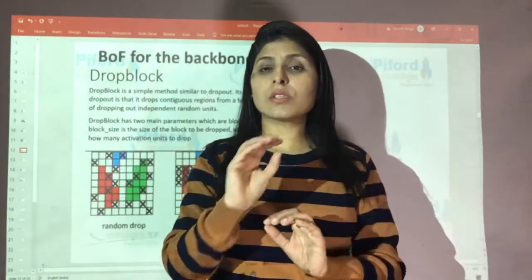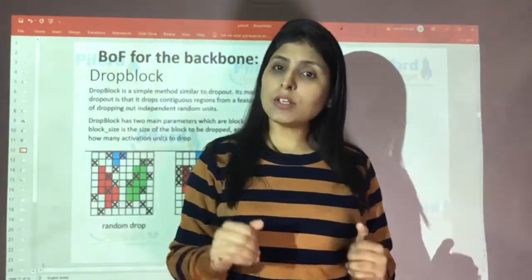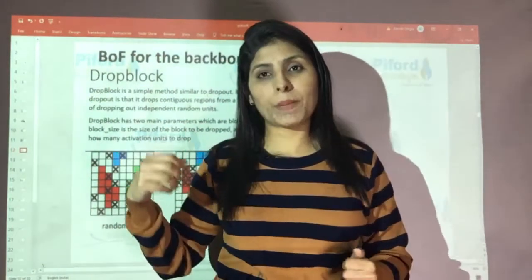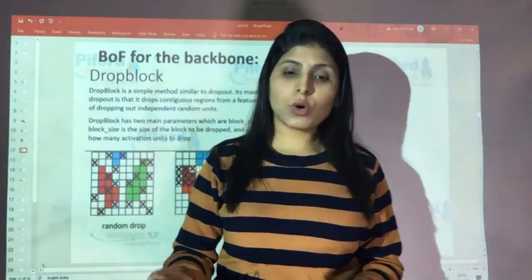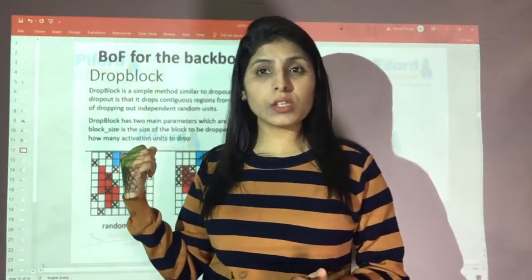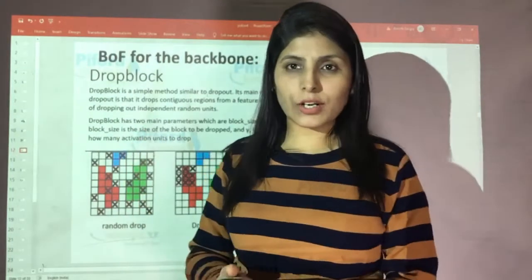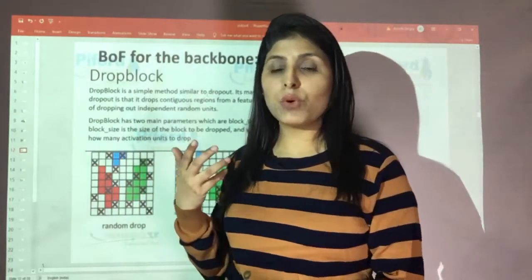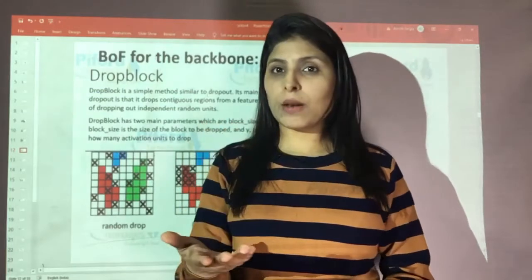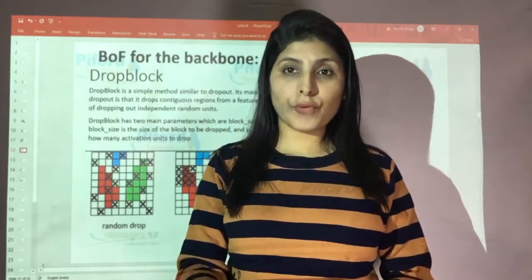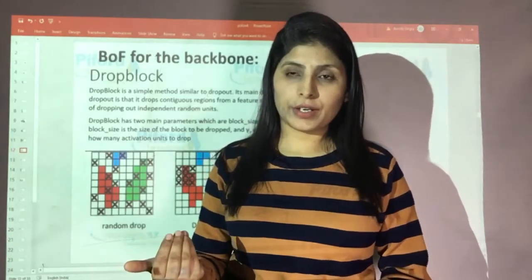So dropout works on such pixels, and in DropBlock we work randomly and drop a block, right? So what will happen by using DropBlock or dropout? This is just a regularization technique. If you're facing the problem of overfitting, then you can use it there, right?